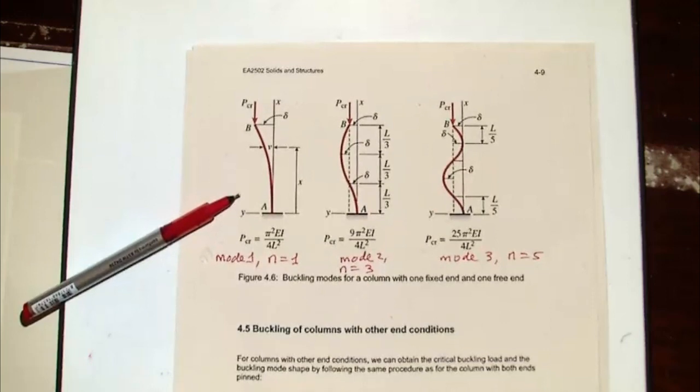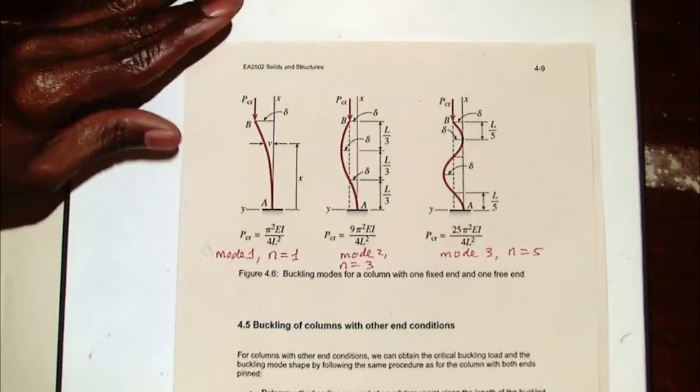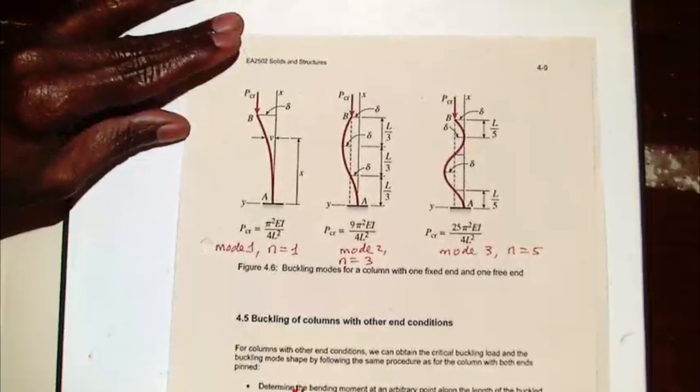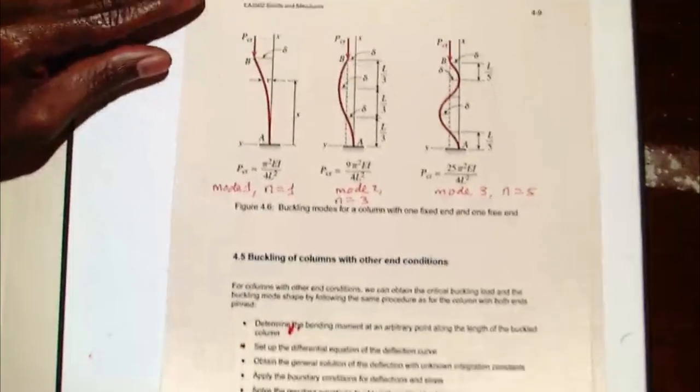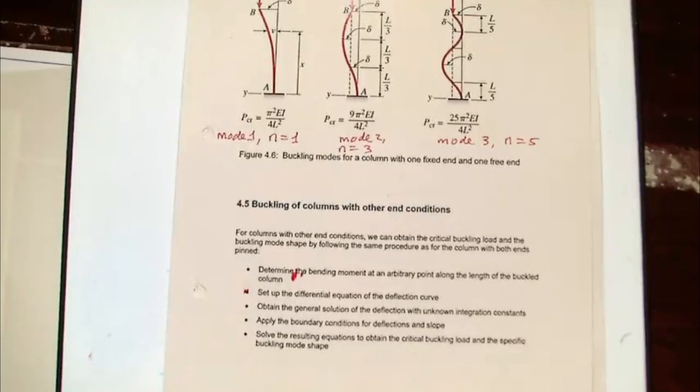So what happens if the structure has both ends fixed, or one end fixed and one end pinned, and you can keep going on for the different boundary conditions? We're not going to go through all the solutions. What I need to show now is that the general form of the critical load is very, very similar. Sorry for that ink there. So we just go through the same process.